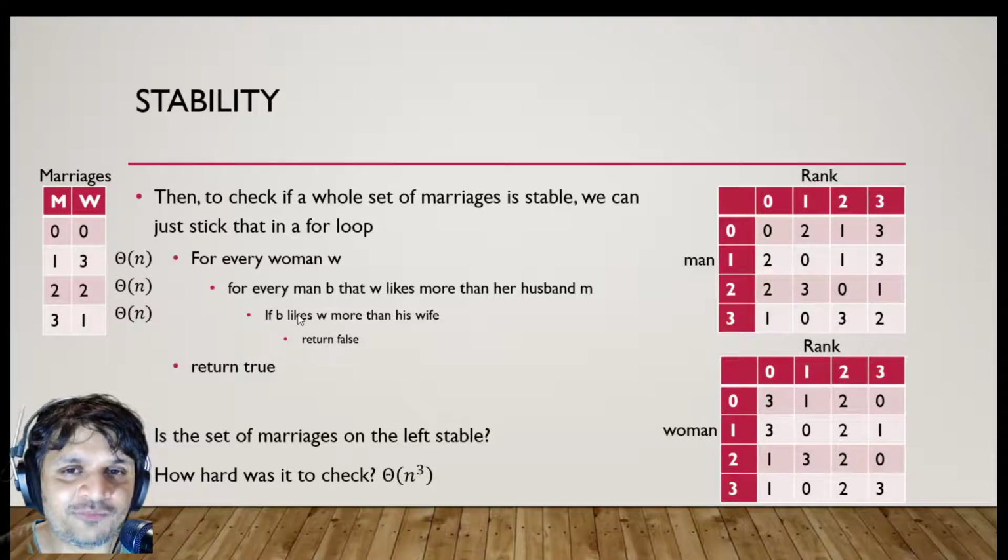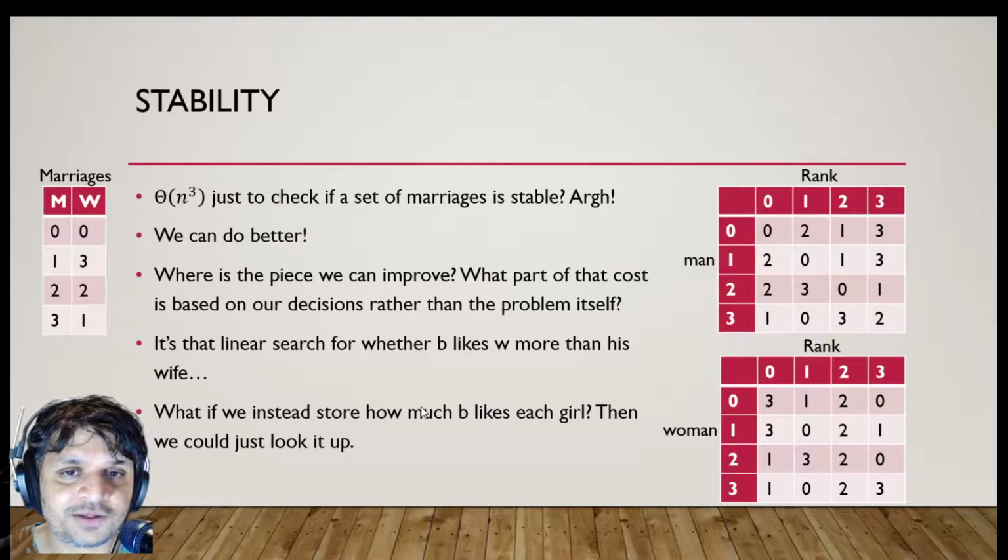But this one, if B likes W more than his wife, we found whether B likes W more than his wife by doing a linear search. But that was a choice. We can design how we code this. If we code it as a standard linear search, it's going to take us theta n. But can we do better?